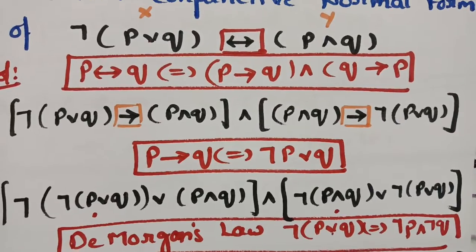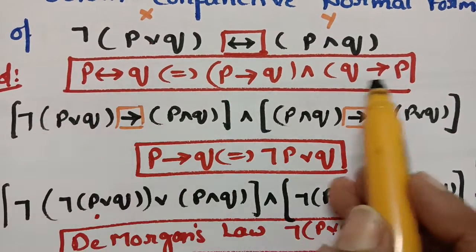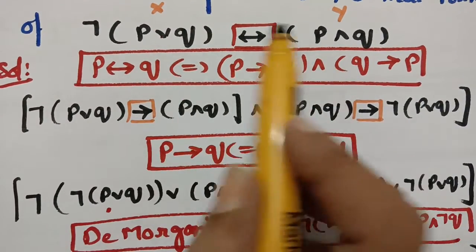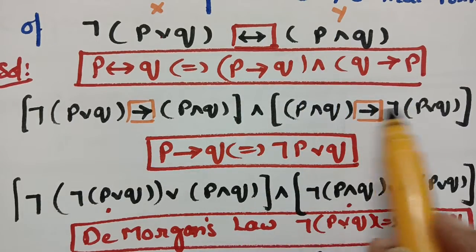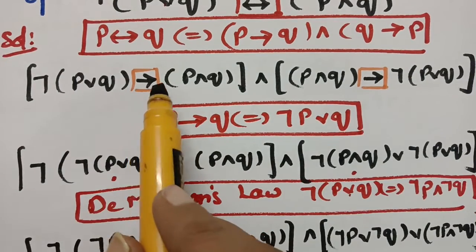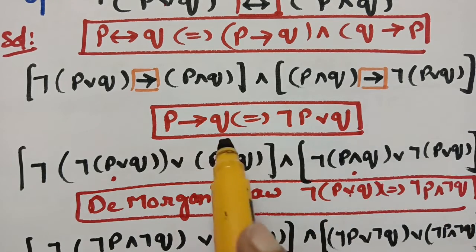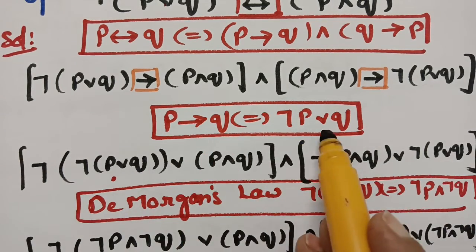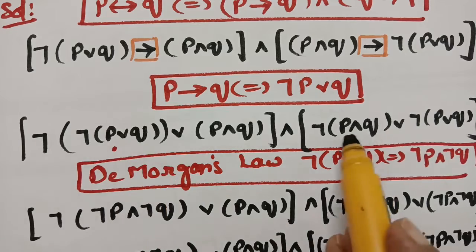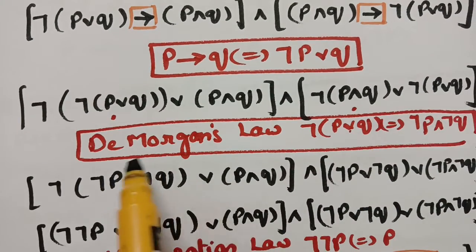First of all, we have to eliminate double implication. So I have written this as P implies Q and Q implies P. Later I have to eliminate the implies symbol, using the equivalent formula that P implies Q is nothing but negation P or Q. Next, De Morgan's law.